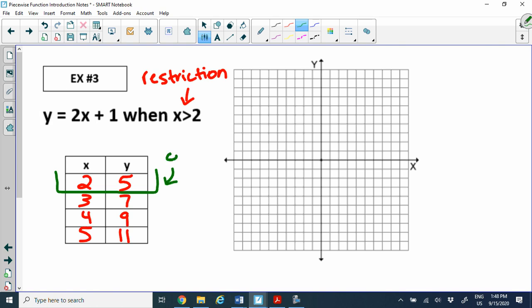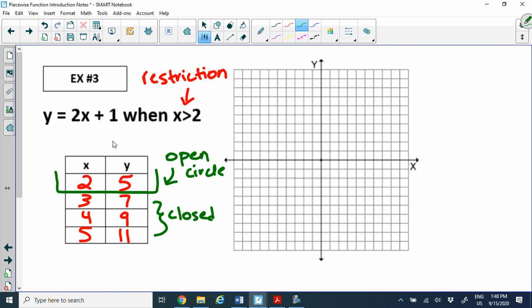Well, remember, we said it would be an open circle, okay? So when we don't have an equal bar, your very first point you're going to plot is going to be open. But everything else still has to be closed because it will still be part of the domain. It's just whatever this point, 2, 5, will be open and won't really be part of the domain.